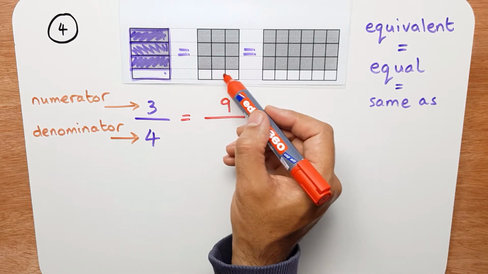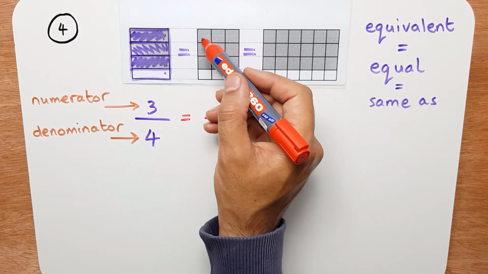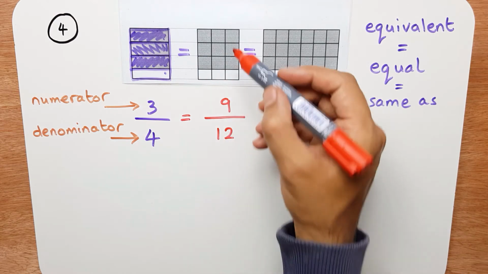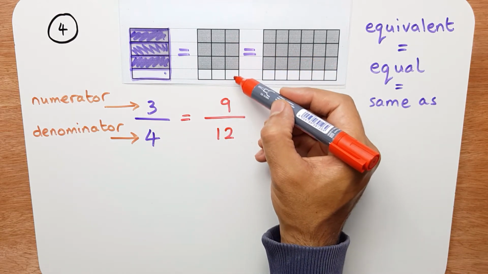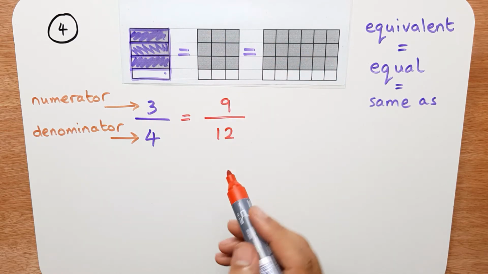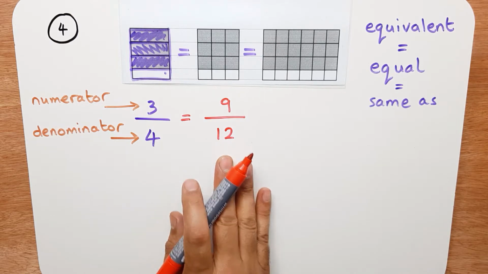So we have 3 here. 6, 9, 12. I could have done it downwards. 1, 2, 3, 4. 4, 8, 12. So knowing your times tables makes this much easier.